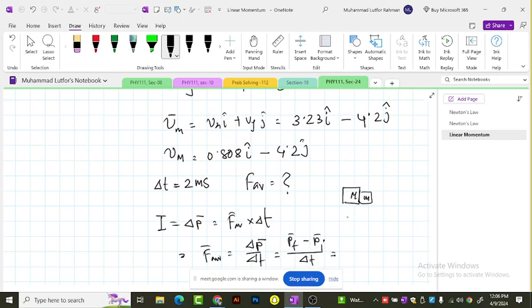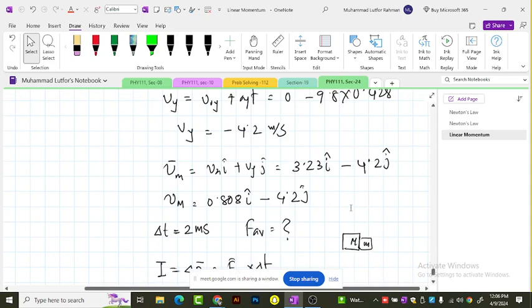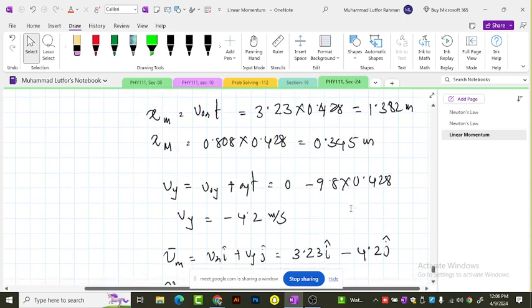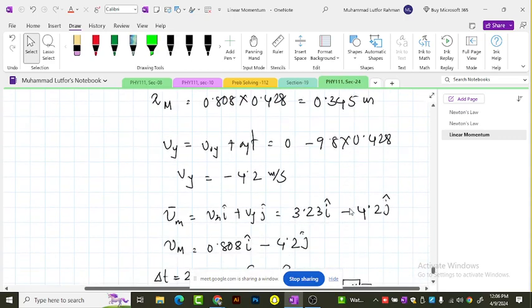We are doing this calculation for the bigger mass. So what is the bigger mass final velocity? Final velocity is 0.8, right?